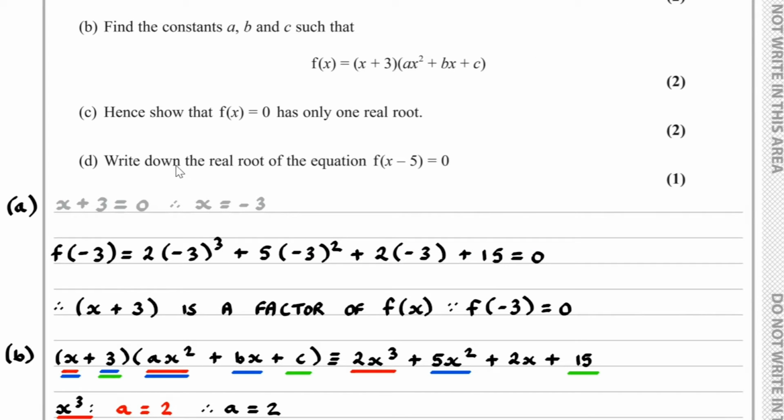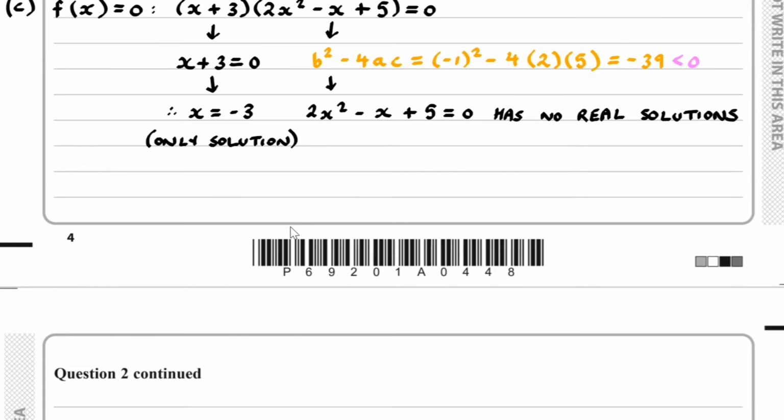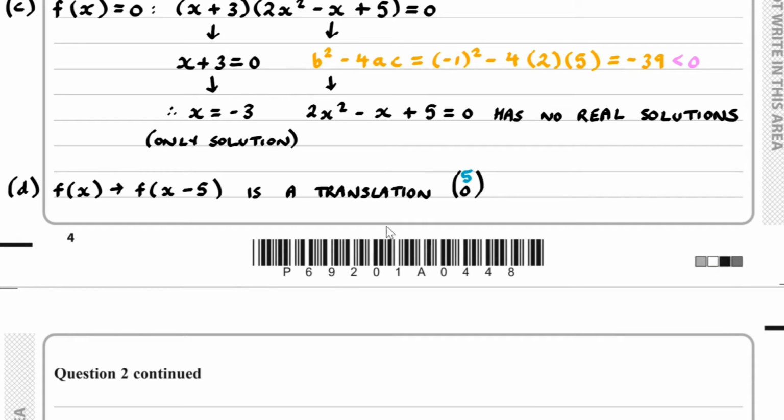For part D of the question, we have to write down the real root of the equation f of x subtract 5 equals 0. Well, for part D, if we consider going from f of x to f of x subtract 5, the type of transformation this is, it's a translation by vector (5, 0).